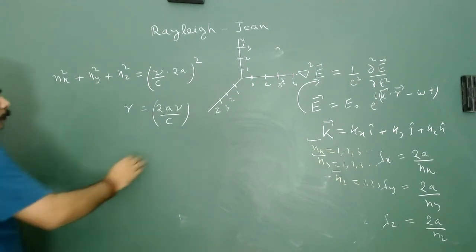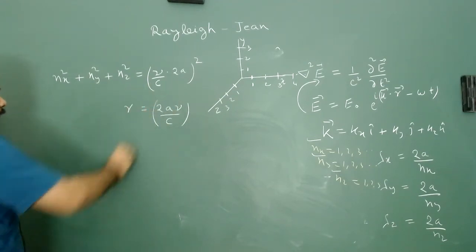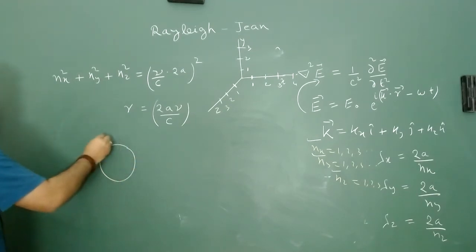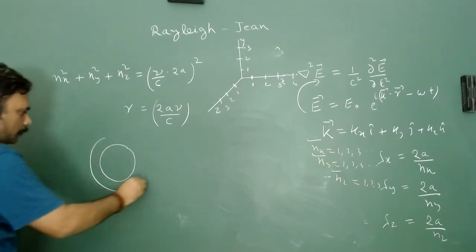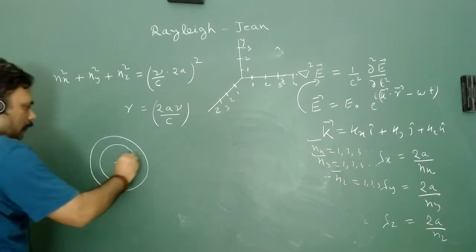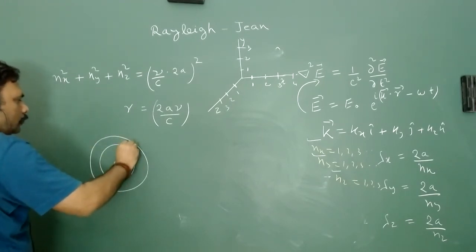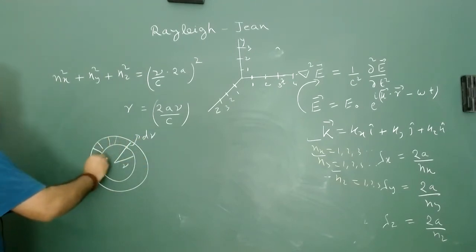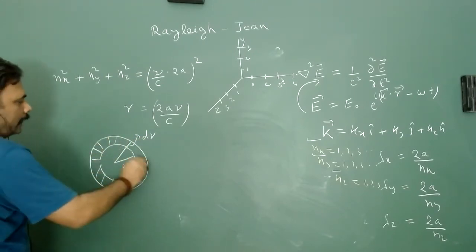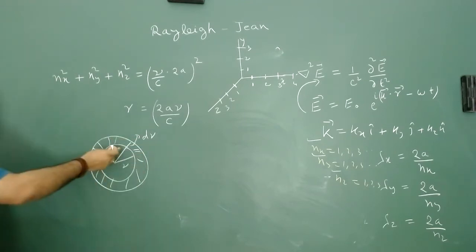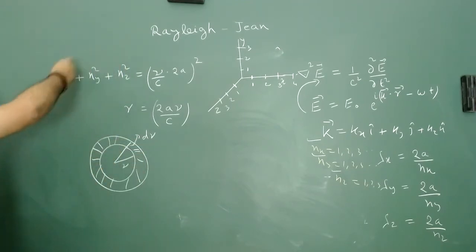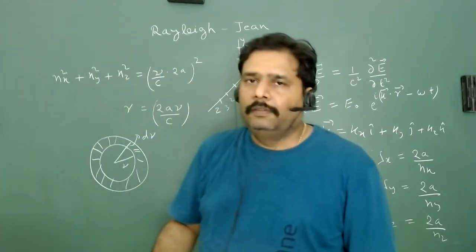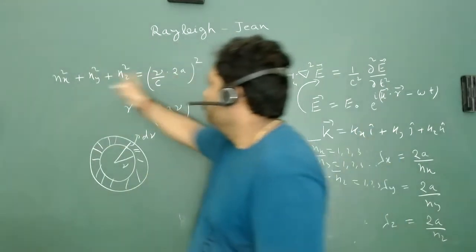We just want to calculate the volume of this particular sphere between nu to nu plus d nu. Means if we are able to calculate the volume behind this particular shell, we can easily calculate how many possible nx, ny, nz are there because of this particular relationship.